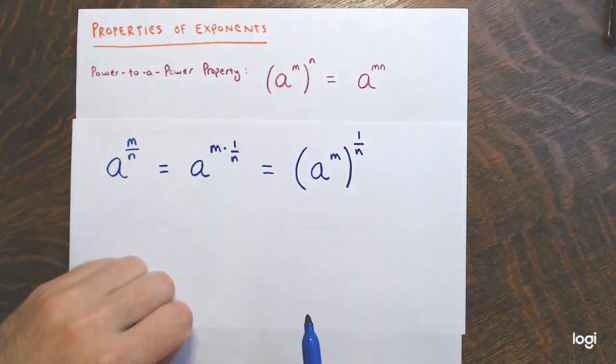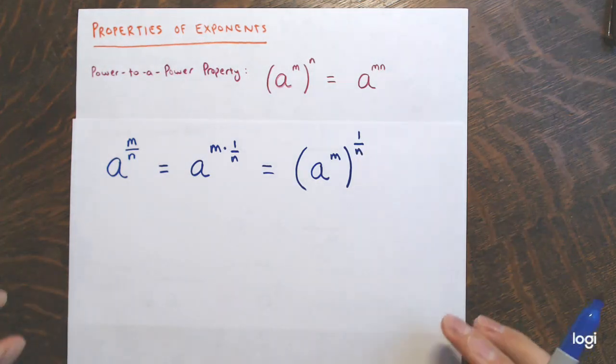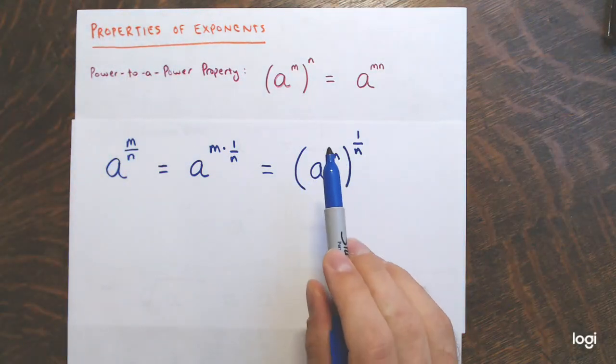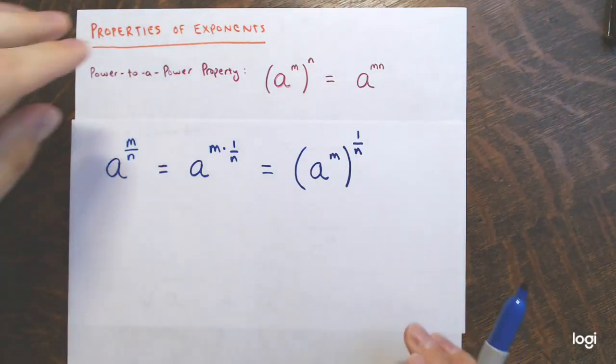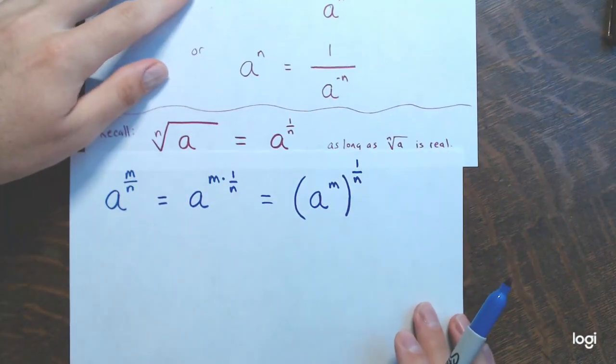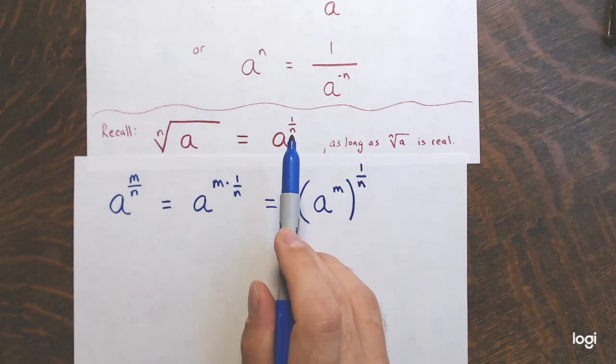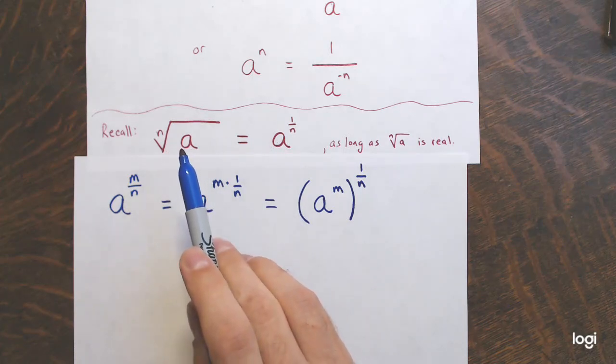All right. And then tying in, now that I have some number to the 1 over n, I can use this relationship I mentioned. When you see something to the 1 over n, that's exactly the same as a radical.